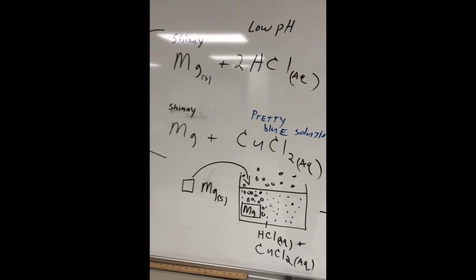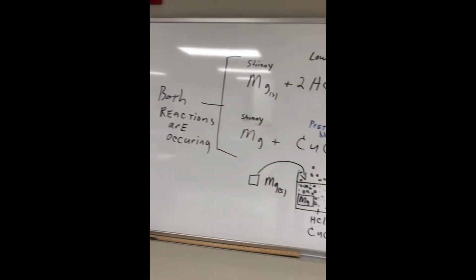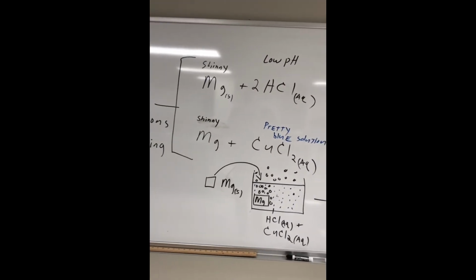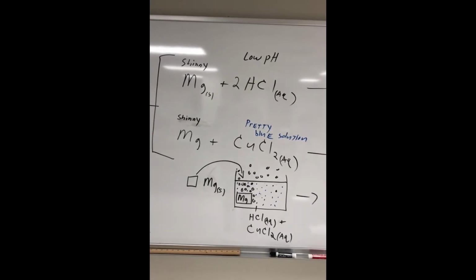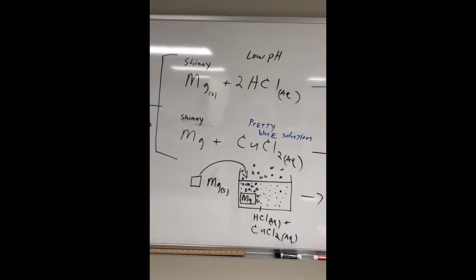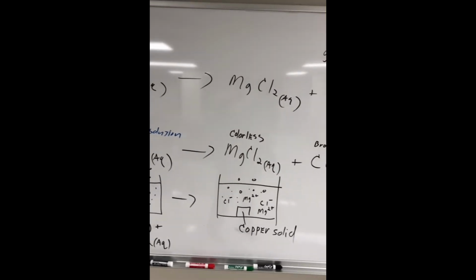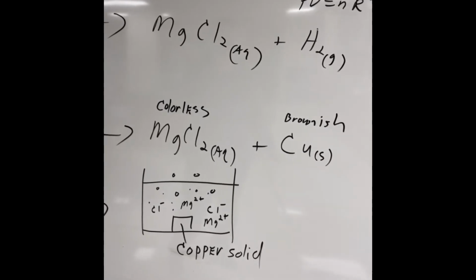And here it is from afar. So both reactions are occurring. The magnesium goes into the HCl and the copper chloride aqueous. Both are occurring. Notice we're getting copper solid produced. That's the point of this lab.